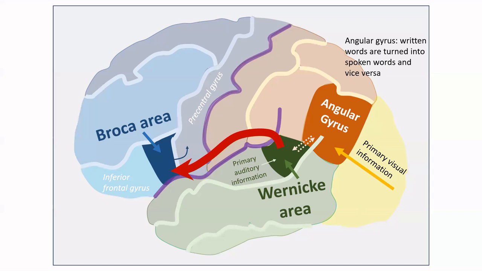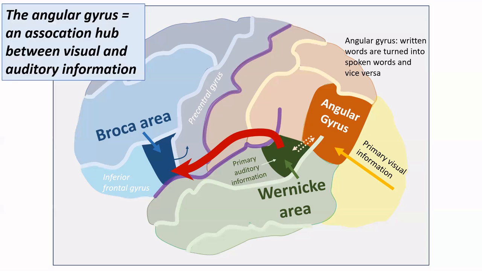So it allows written words to be translated into spoken words and the other way around. So, okay, this is the Wernicke-Broca-Lichtheim-Geschwind model, and is basically the model as it is still presented in literature and handbooks.